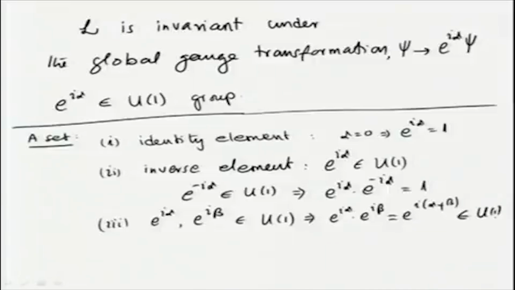So, when you consider two elements and multiply them, you will get another element of the group. The product of two elements will be an element of the group. This is called the closure property.